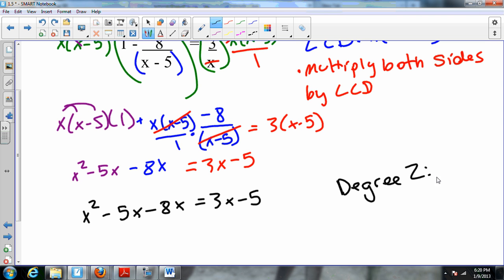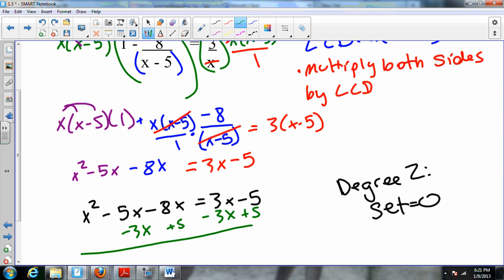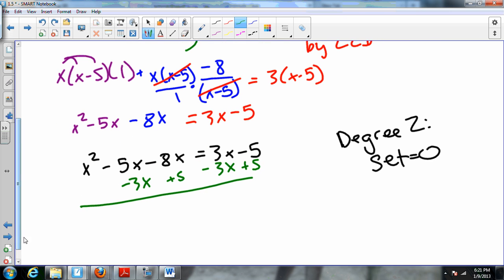So we need to set equal to 0. So we like to keep the x squared positive. Don't move the x squared side, move the other side. So we're going to take 3x to the left by subtracting it, and we're going to add 15 to the left. So we are now, and we're going to combine all like terms.